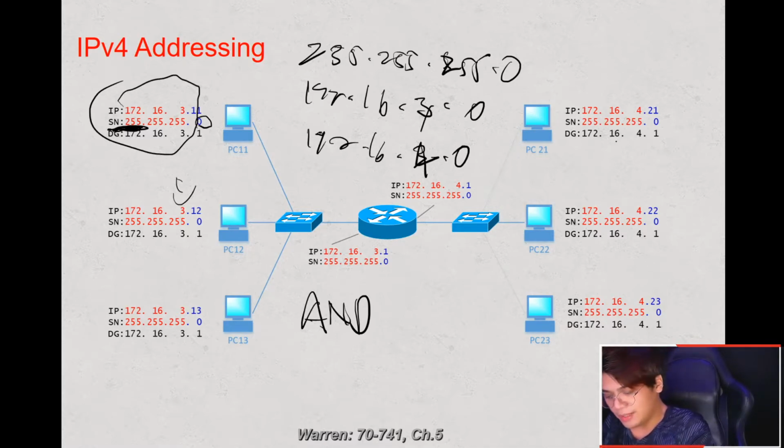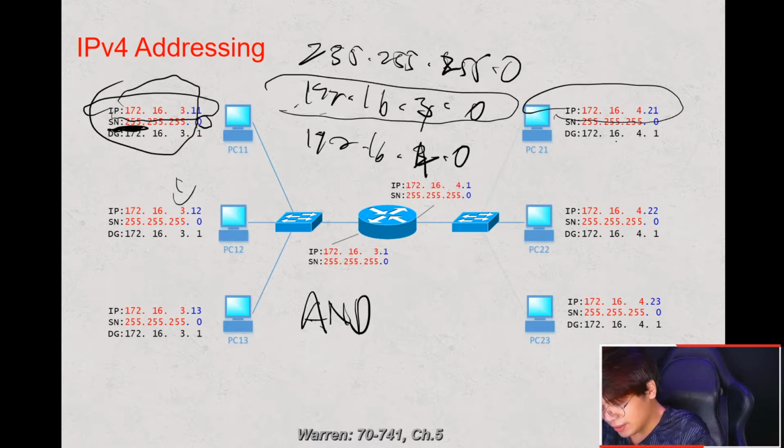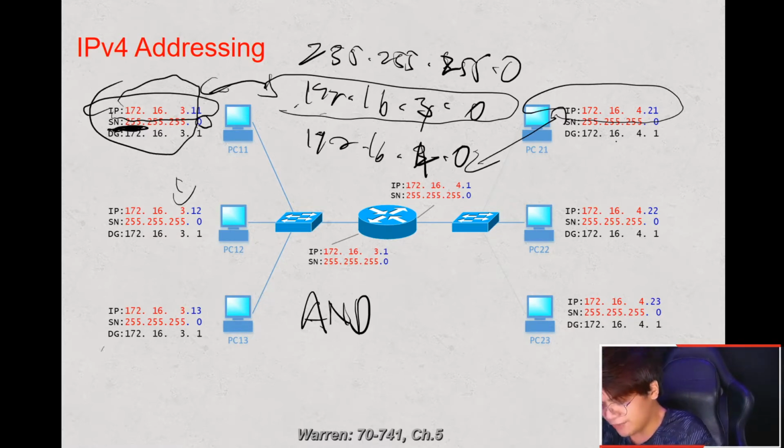If you do the ANDing method on the .3.11 and also on the .4.21, you will get two different networks. The .3.11 gives this one, and the .4.0 gives that one. So if you get two different numbers after you do the ANDing method, the two addresses you are comparing are in different networks. So this one has two subnets.